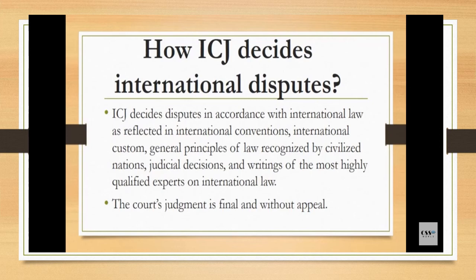Then the court's judgment is final and without appeal. If the court gives any kind of judgment, the judgment will be final and the state can't re-appeal for the particular matter. And if the state does not accept the judgment, ethically they are bound to follow the verdict, but legally they are not bound to follow it.